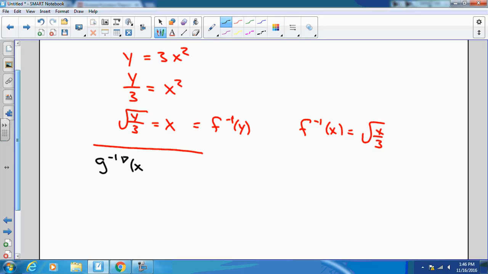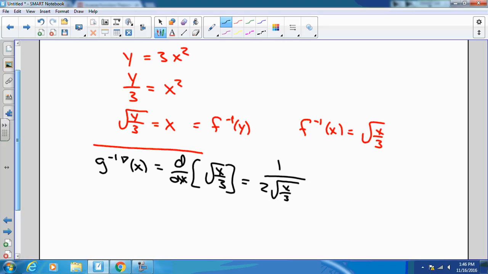First of all, because I have the formula, I can simply take the derivative using derivative rules. I observe that we have outside, inside. Outside is square root, inside is x over 3. And the derivative of the outside is therefore 1 over 2 root x over 3. And the derivative of the inside is 1/3.